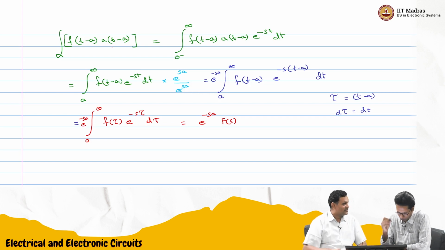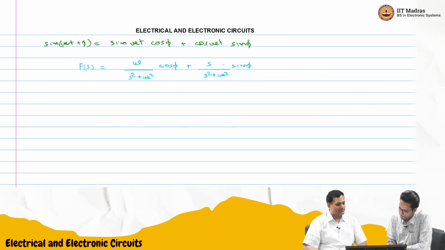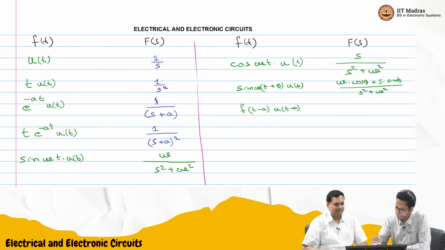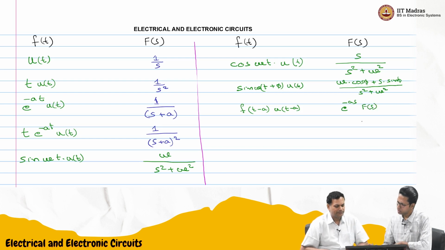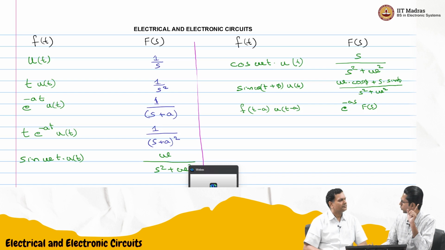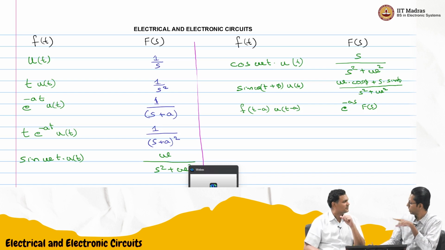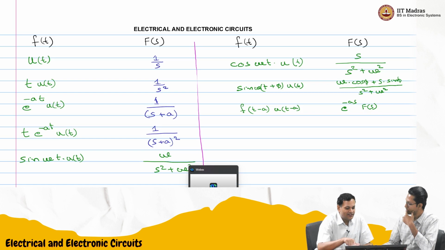Shall we add that to the table? Yes. So e power minus as F of s. Did we do this before? I think for u of t minus a, we got e power minus as by s.